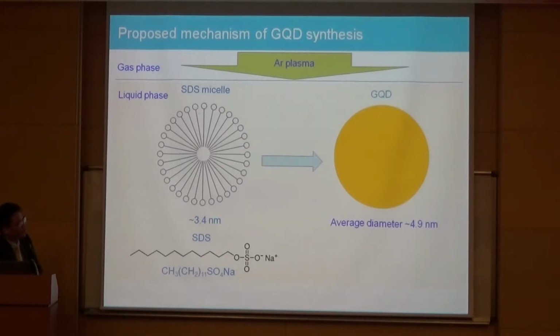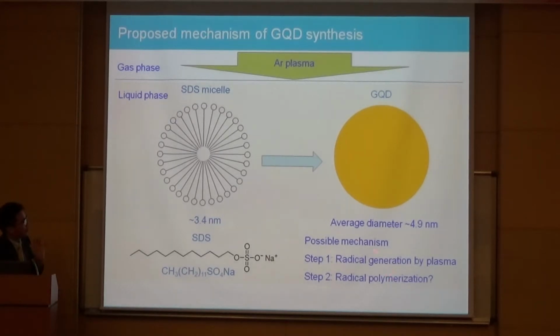But what kind of polymerization we are trying to understand. Could be radical polymerization or other polymerization. But in short, this could be an idea of how we can generate graphene quantum dots using microplasma. And as you can see here, if we can tune the structure of the micelle, that could be one idea. We can tune the size of the graphene quantum dot so that we can control the emission.